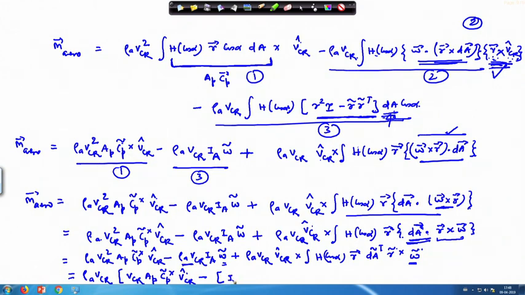So, this becomes I_A, and plus omega can be taken outside, so we are left with V_CR cap cross the quantity from this place to this place.